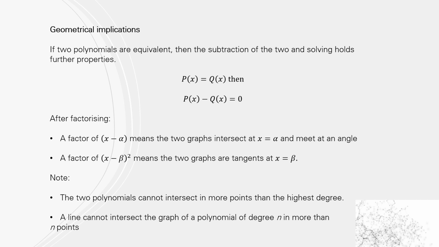If you get a square bracket, so if you get an x minus beta all squared, it means the two graphs are tangents at x equals beta. Note the two polynomials cannot intersect in more points than the highest degree, and a line can intersect the graph of a polynomial in no more than n points.